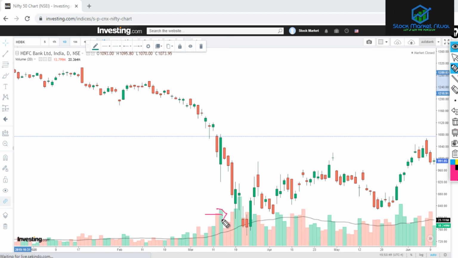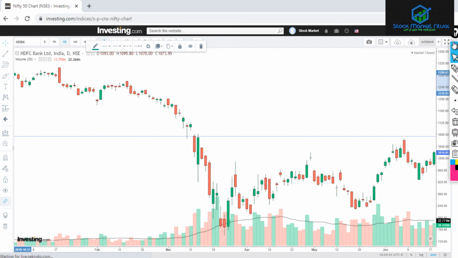Huge volume and a fall. And on this day also it said that already established trend and a huge volume, so bottom is not far away, and that's what happened. This is the bottom. So you can see that before the price signaled that it is going up, the volume signaled that the price may go up.